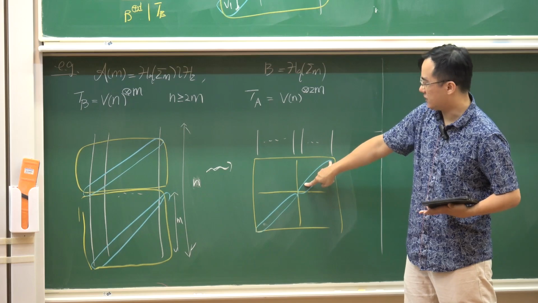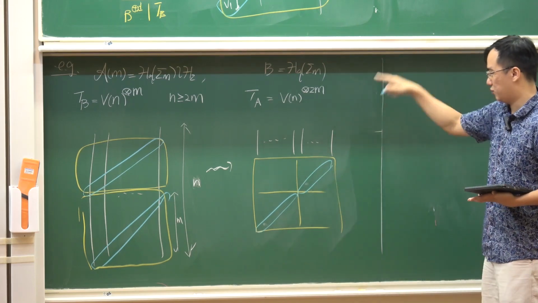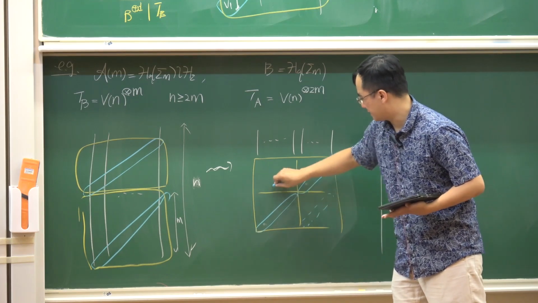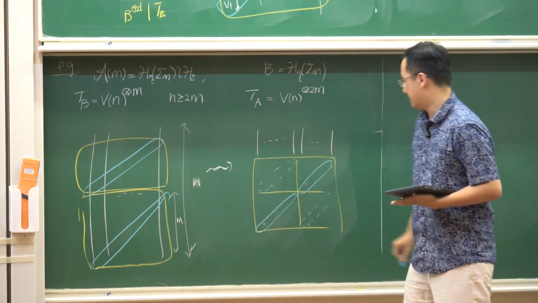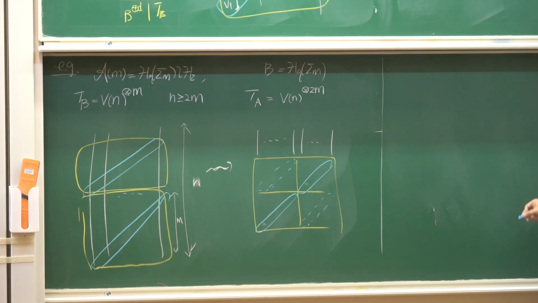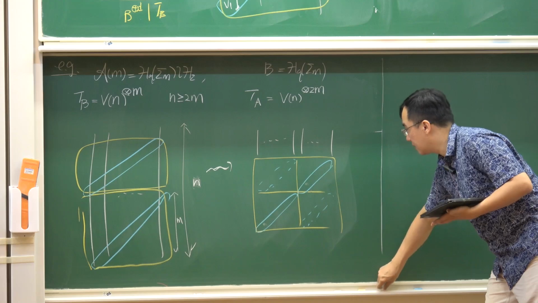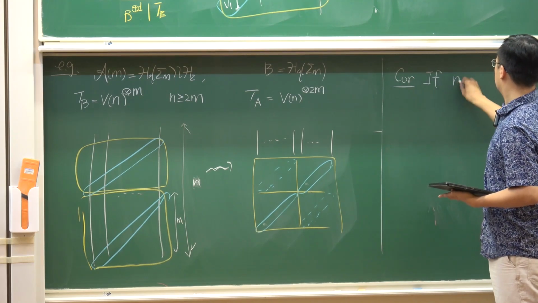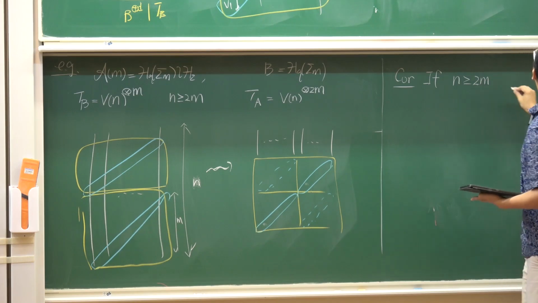And this is isomorphic to the Hu algebra as a Hu algebra module. And then you have some other part that also does the job. You have a splitting, and hence you get a Schur-Weyl duality.